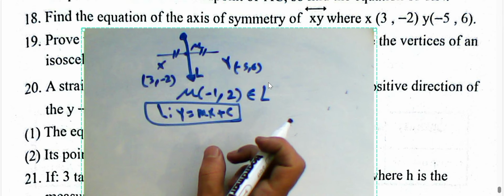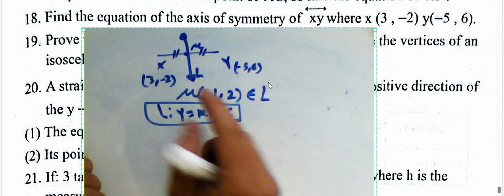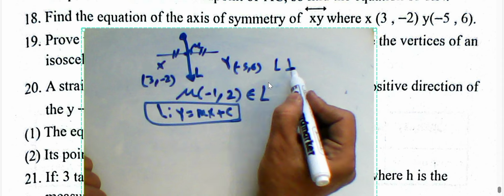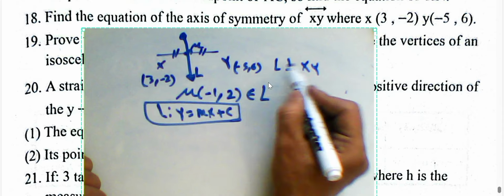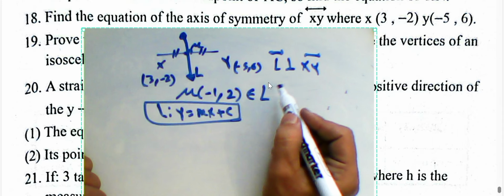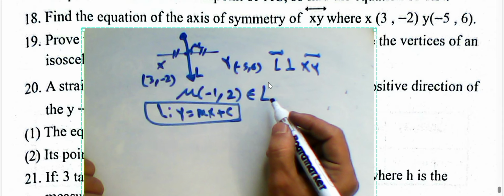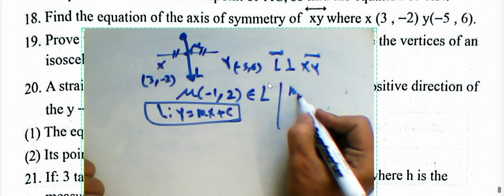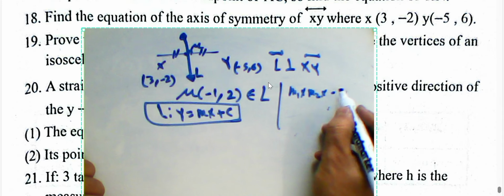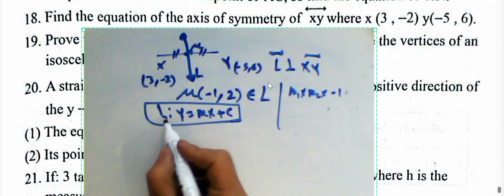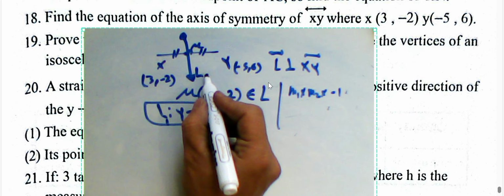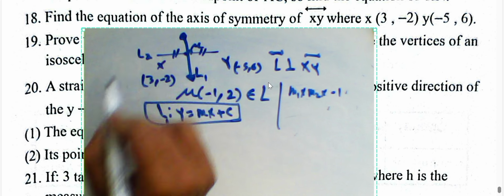Also, this straight line L is perpendicular to XY. Perpendicular means slope 1 times slope 2 equals -1. I will write L1 for slope 1 and L2 for slope 2.